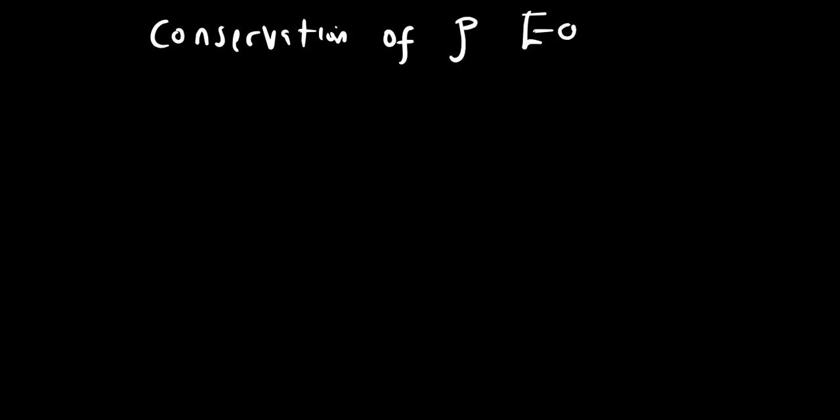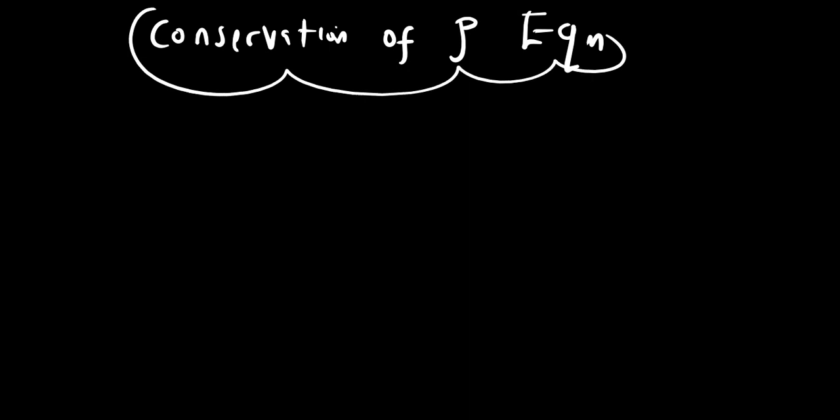So let's talk about what we call the conservation of momentum equation. So what is the equation here? The momentum before impact is equal to the momentum after impact. So we are going to have m1u1, that is for A, or for the first mass.